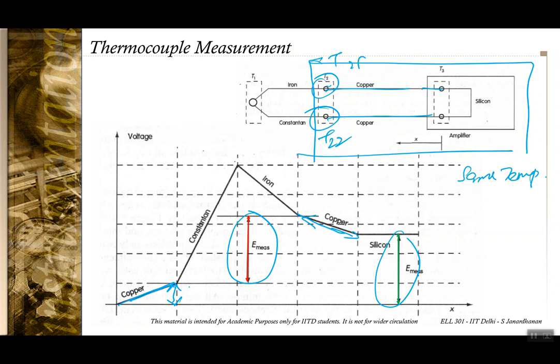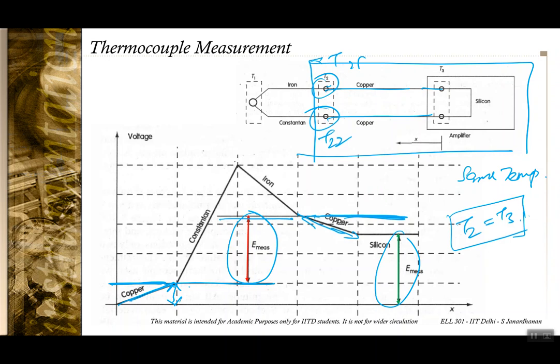Further, even if they are kept together, we may not know what the actual temperature is. So it is better to keep T2 equal to T3 so that the copper is flat here and the copper is flat here too. So we are actually measuring the same EMF.